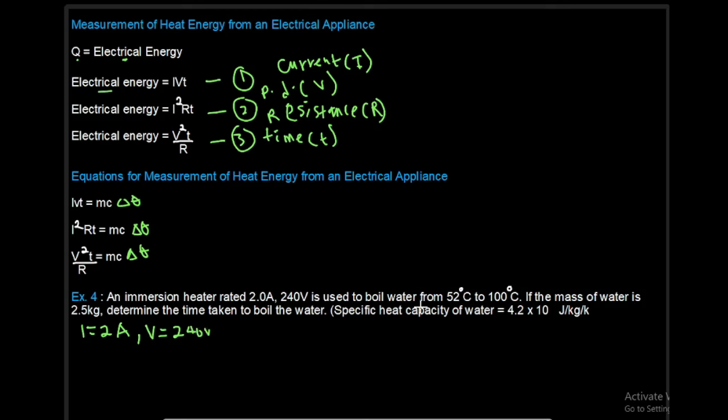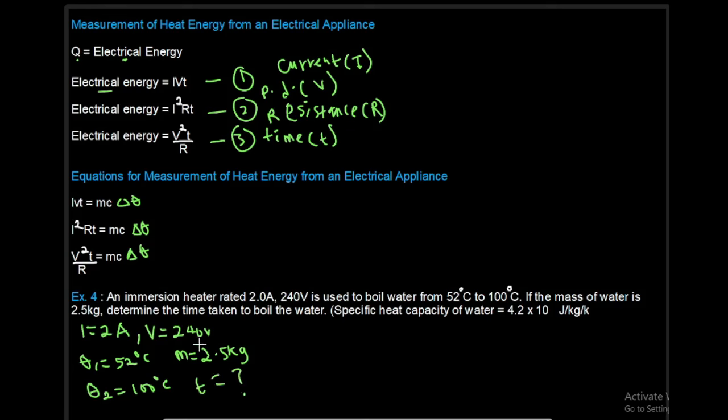It's used to boil water from 52 degrees Celsius to 100 degrees Celsius. So we have initial temperature to be 52 degrees Celsius, to a new temperature, or final temperature, of 100 degrees Celsius. They said the mass of water is 2.5 kilogram. They said determine the time taken to boil the water, so we're looking for time.